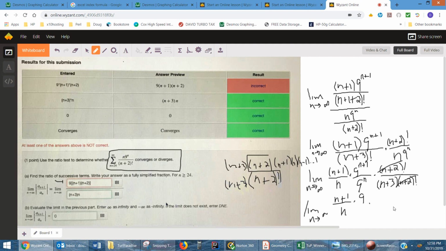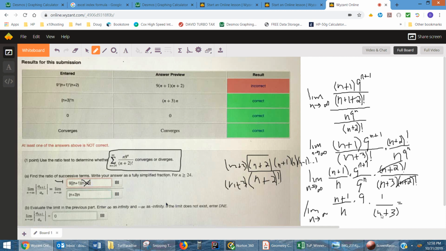So your numerator should just be, by the way, I've got 1 over n plus 3. So it's the limit as n approaches infinity of 9 over n plus 1. So this is what you didn't need, this n plus 2, over n times n plus 3.